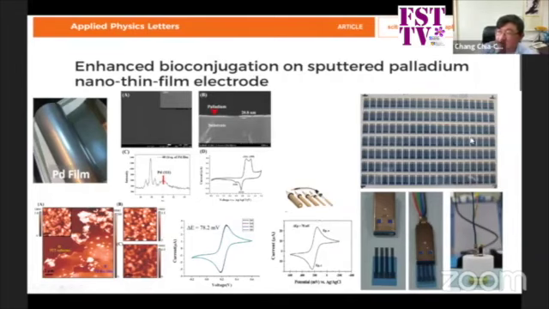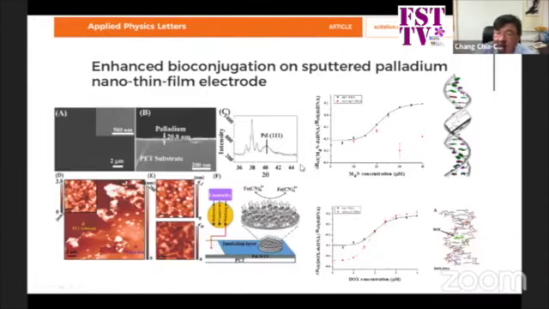So we are developing this kind of electrode, and it will be used as a single-use electrode. When developing it, we tested whether we can conjugate a biomolecule or not. We use DNA as a case, a thiol-modified DNA, and then we detect specific drugs.